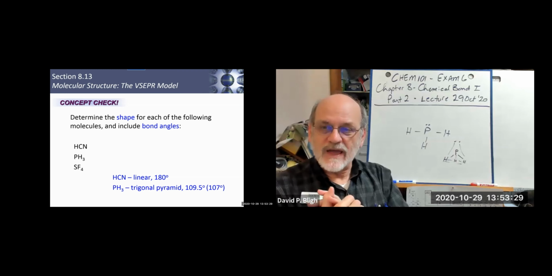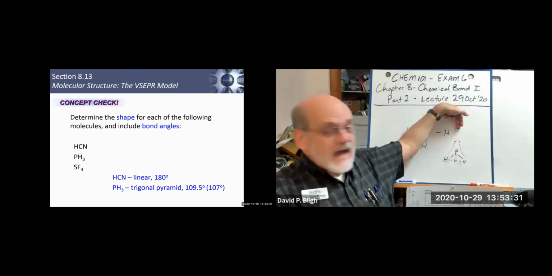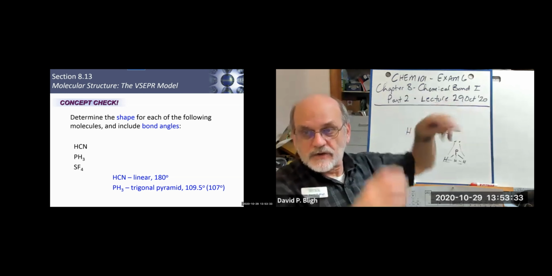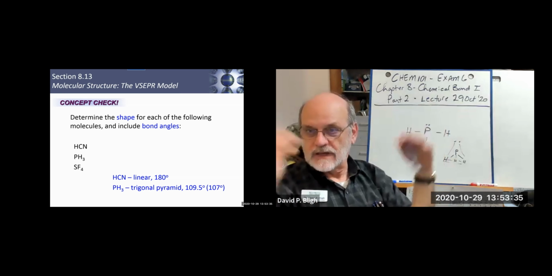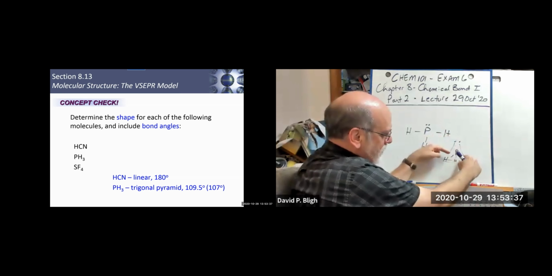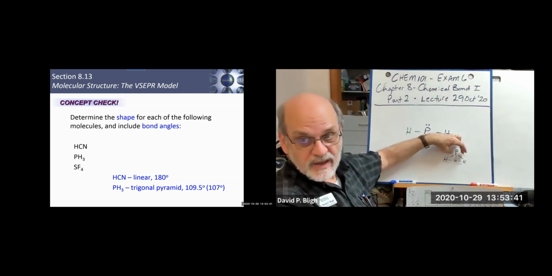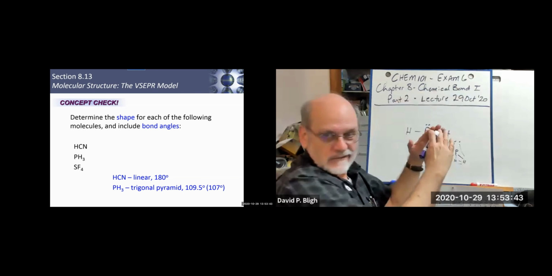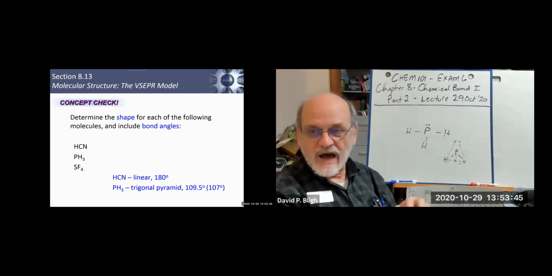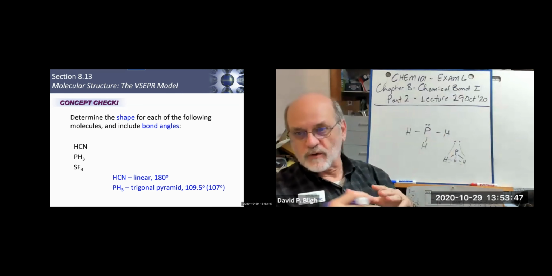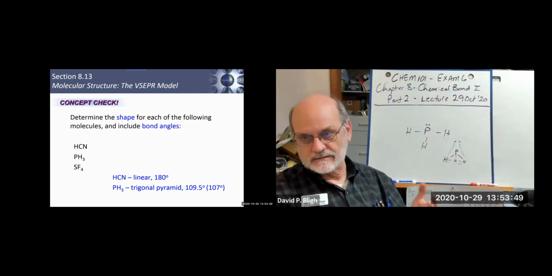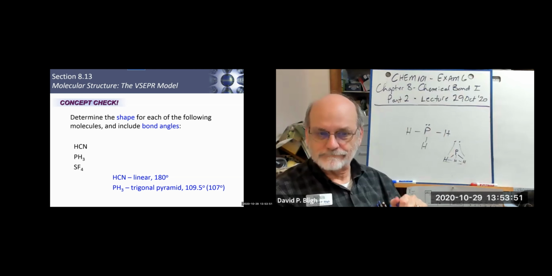But if it's a lone pair, it's got nothing on the other side holding it down. So it tends to balloon. And when it balloons, it puts electrostatic pressure on these bonding pairs, and it makes them move down. So the bond angle shrinks from 109.5 to 107. Okay?